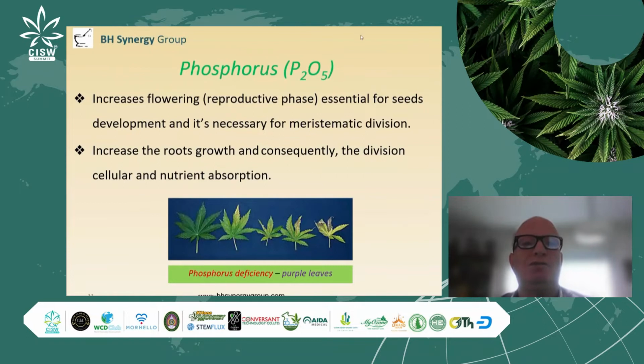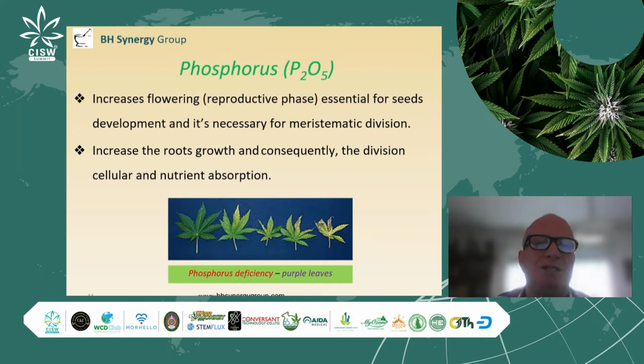If we talk about phosphorus, the other one of the three, phosphorus first controls the root zone. It makes the root zone in the soil more acidic. When it's more acidic, because of the reaction of the roots, it's easier to take all the other nutrients, all the other microelements from the soil.